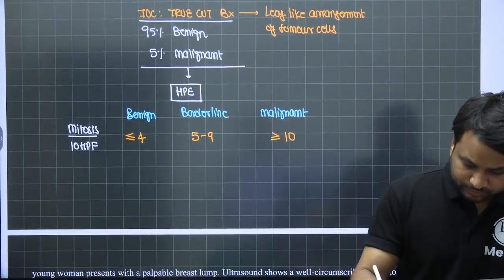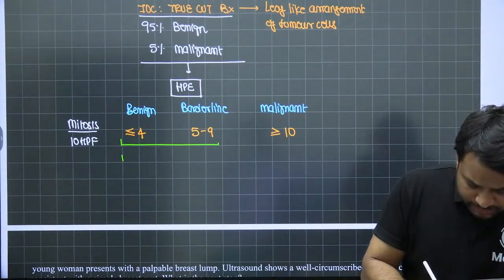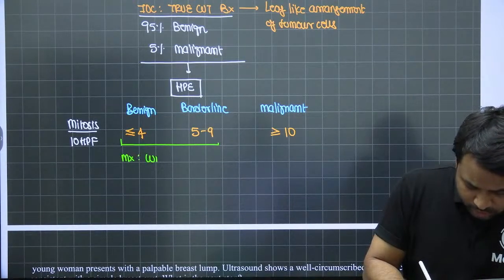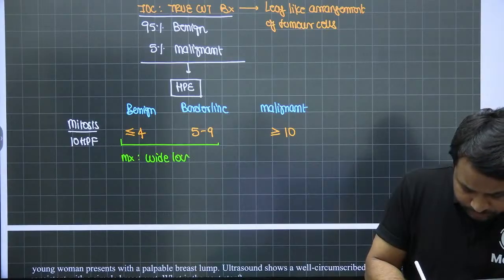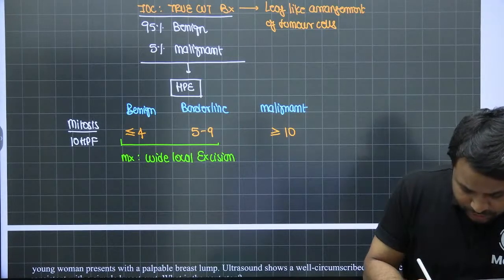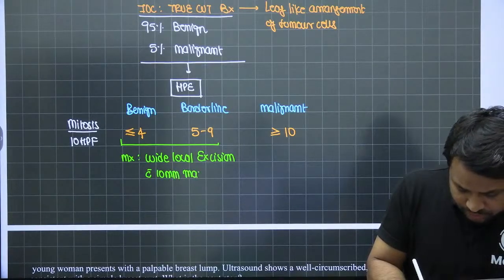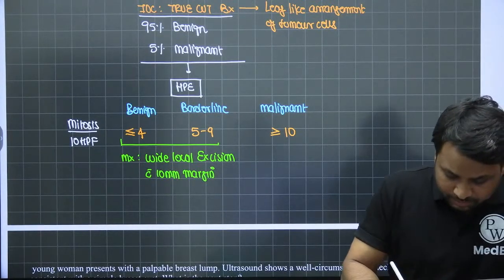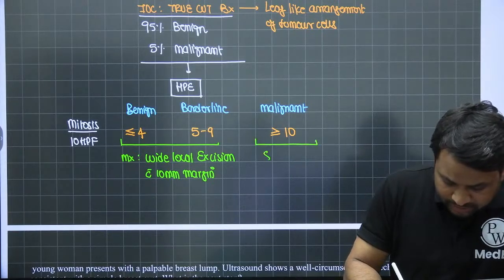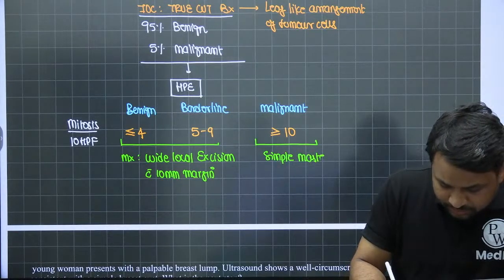Now, for benign and borderline, the management is going to be wide local excision with 10 millimeters, that is 1 centimeter margin. But if it is a malignant phylloides tumor, then we would go ahead with simple mastectomy.